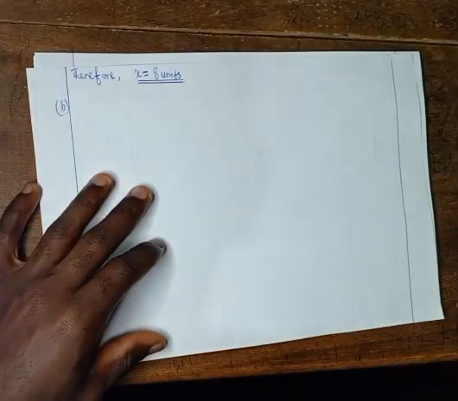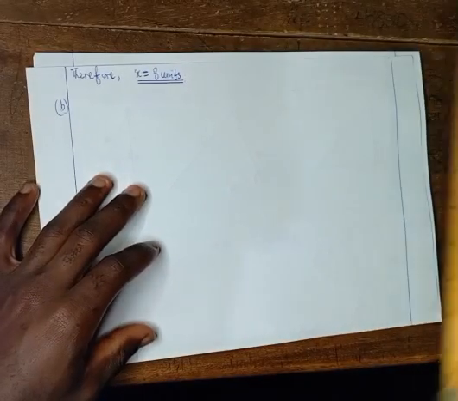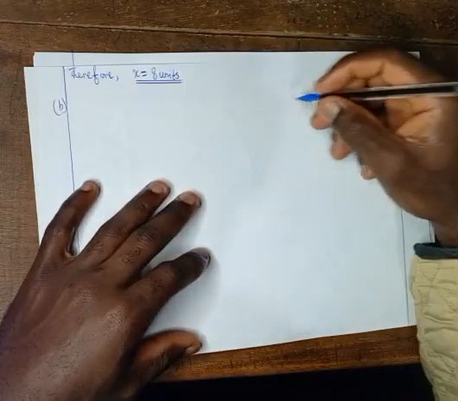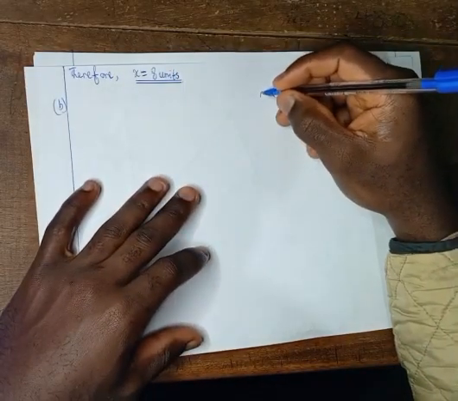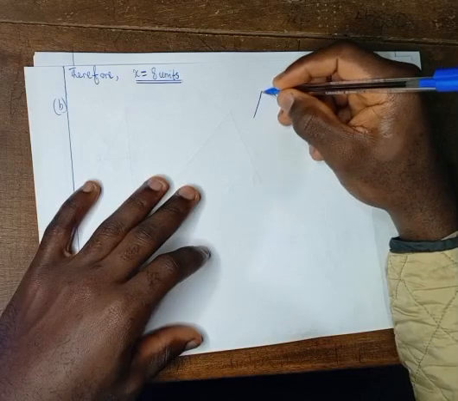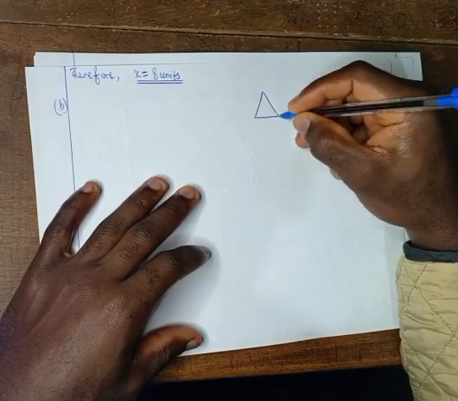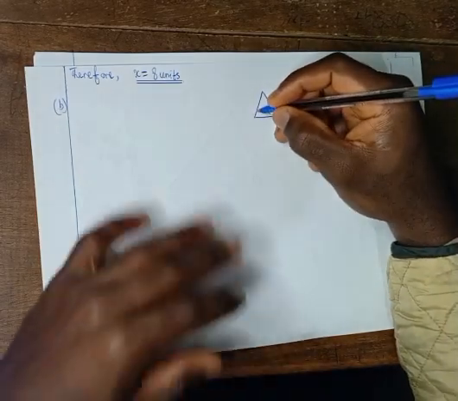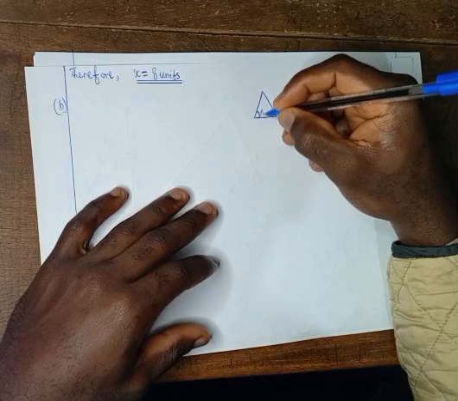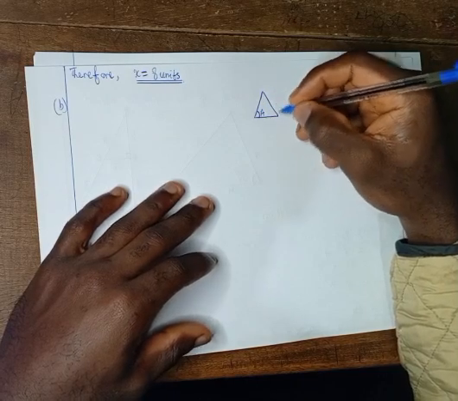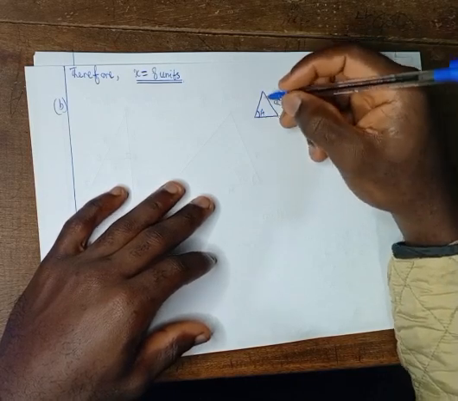And the cosine rule simply states that, for example, if you have a triangle as such, let me just draw a rough diagram. Let's assume this is the angle E. This side opposite is small e.